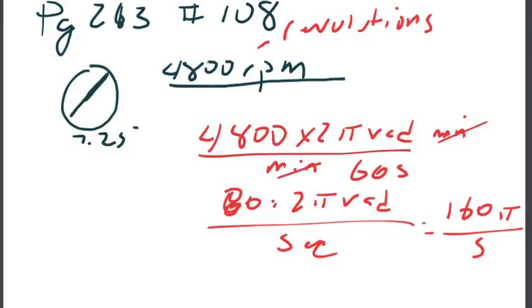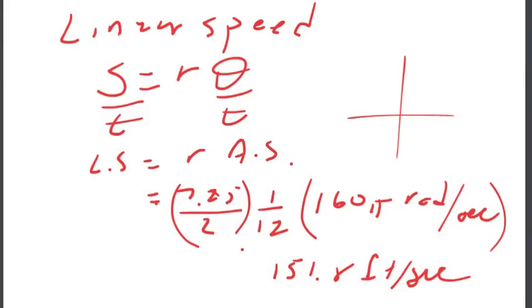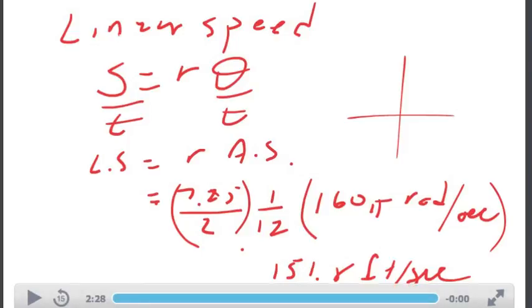Then the B part of the problem wants to know linear speed. Okay. So to find linear speed, we first start with the arc length, S equals r theta. We divide both sides by time, so S over t is the linear speed, r is the radius, and theta over t is the angular speed, which we just found in part A as 160 pi radians per second.